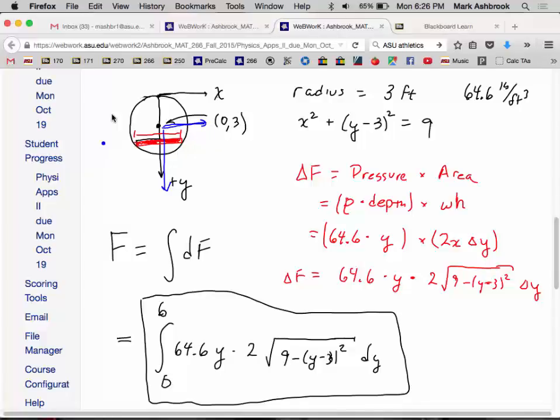This is your depth, and this is your y coordinate. So it would actually be y plus 3. The depth would be y plus 3. To get this number here, you'd have to do y plus 3.